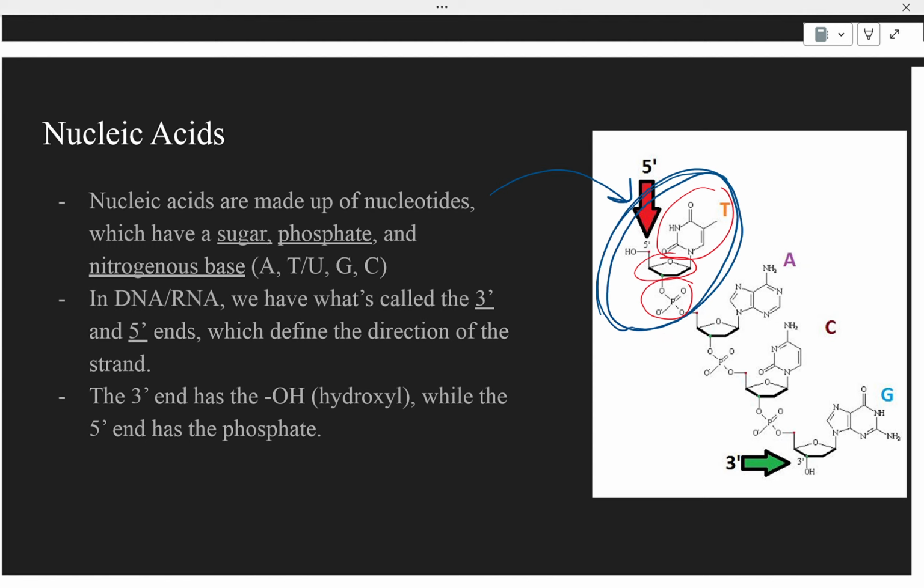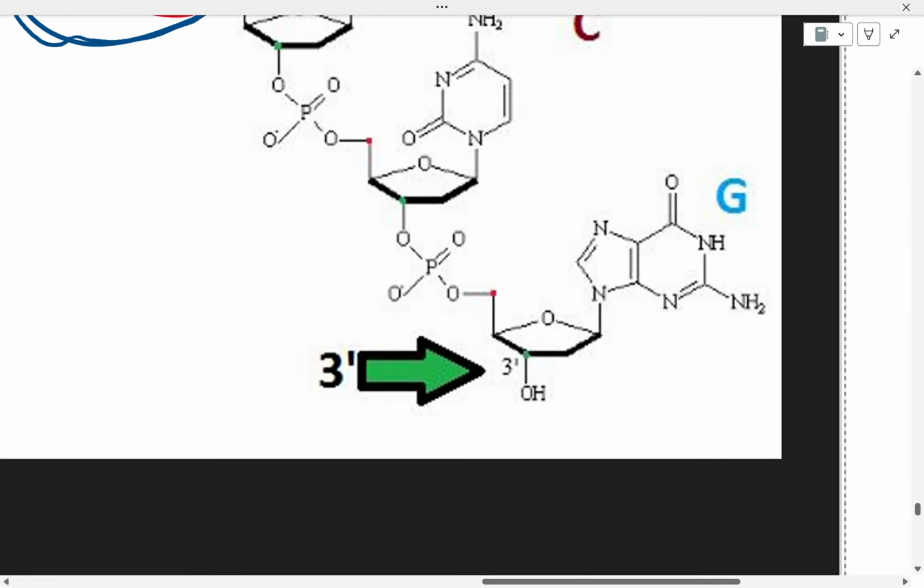So if we look at one nucleotide here, remember, each one of these intersections represents a carbon. To specify the number of the carbon, we can label going from right to left. So this will be 1, 2, 3, 4, 5.